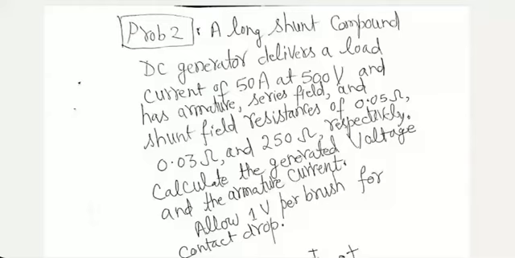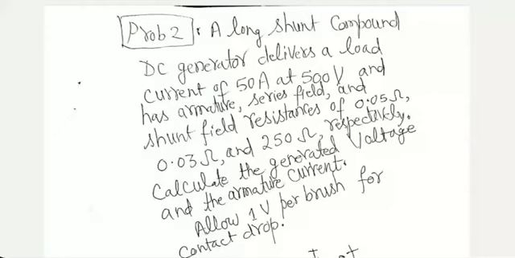A long shunt compound DC generator delivers a load current of 50 amperes at 500 volt and armature resistance is 0.05 ohm, series field resistance is 0.03 ohm, and shunt field resistance is 250 ohm. Calculate the generated voltage, that is back EMF, and the armature current. Allow 1 volt per brush for the contact drop.